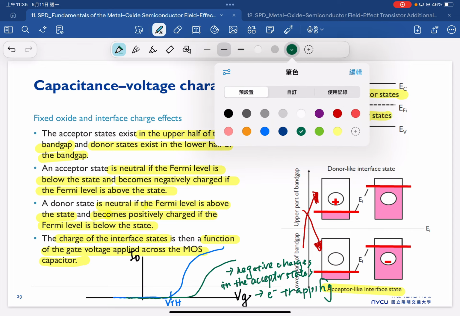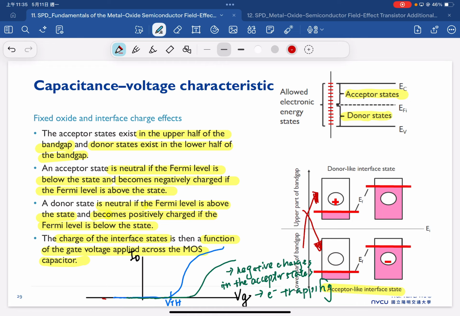It's also possible that we will see our IV curve shift to the left, and this is due to the positive charge in the donor state. That's because of hole trapping.